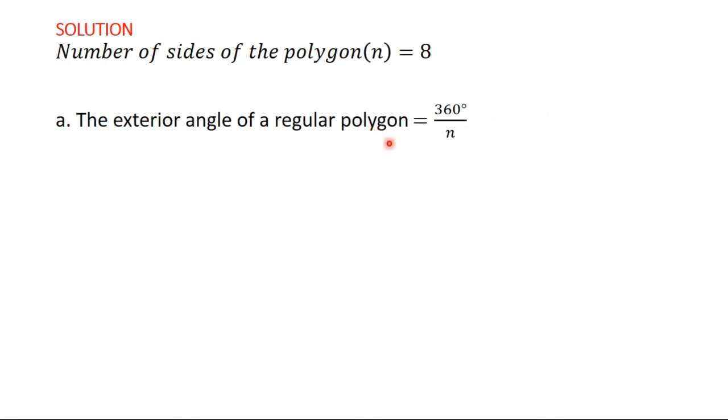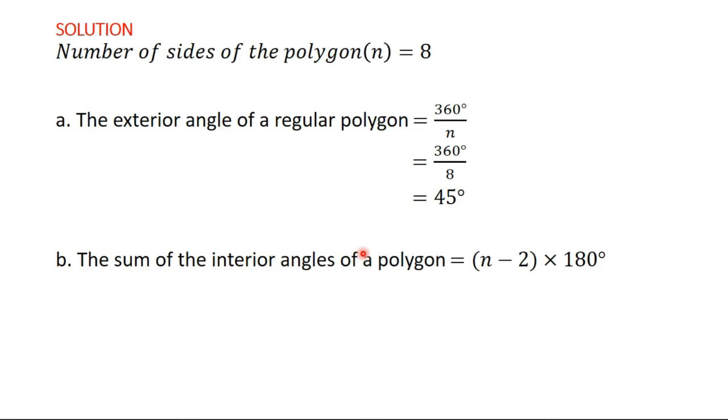This is the exterior angle. We know that n is 8, so it's going to be 360 degrees divided by 8, and this is going to give us 45 degrees. So it means that each exterior angle of this regular polygon is 45 degrees. This is an 8-sided polygon, so it's called an octagon.